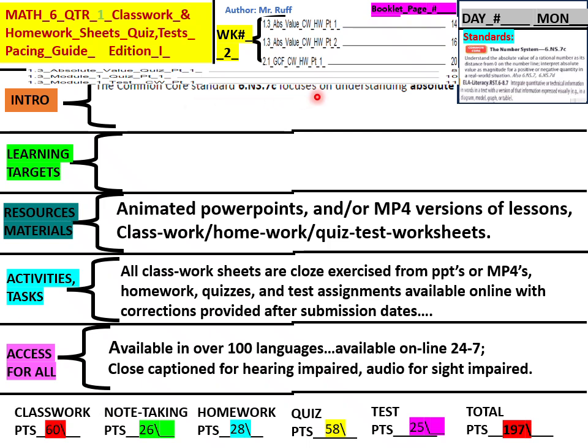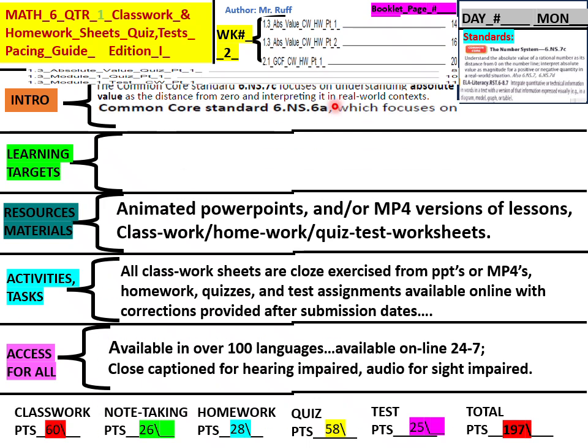And so our intro to Week 2 is the Common Core Standard 6.NS.7c, which focuses on understanding absolute value as the distance from 0 and interpreting it in real-world context. The Common Core Standard 6.NS.6a focuses on understanding opposite signs of numbers and their placement on the number line.